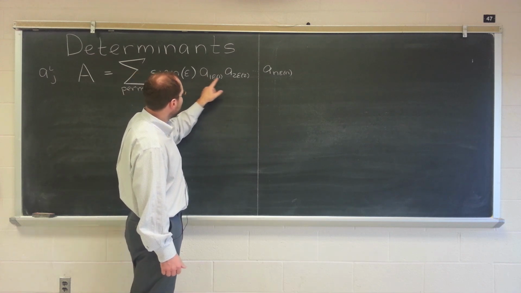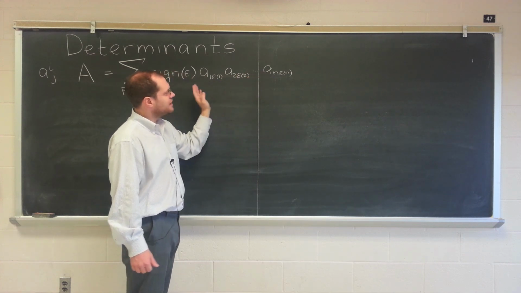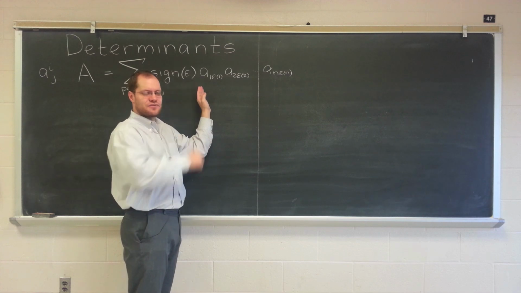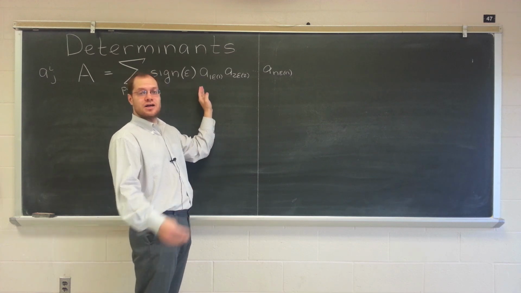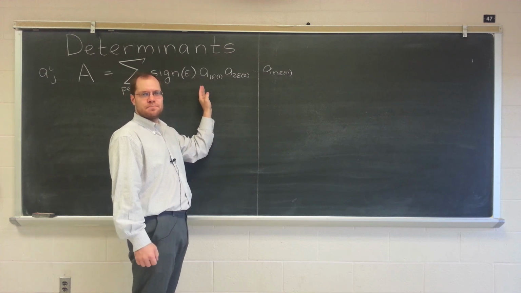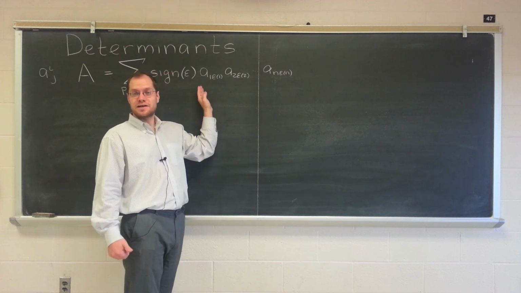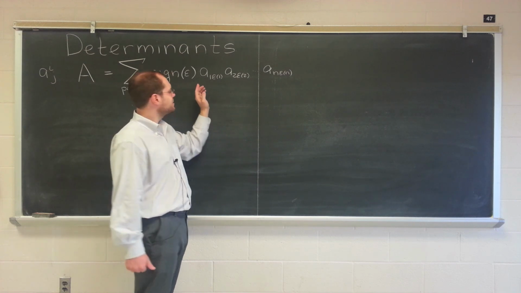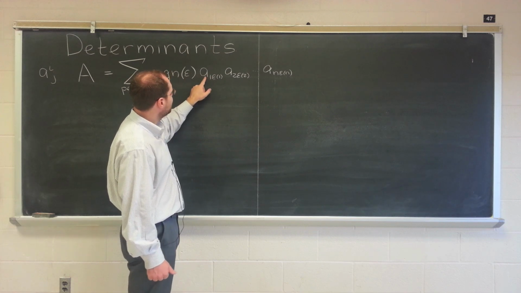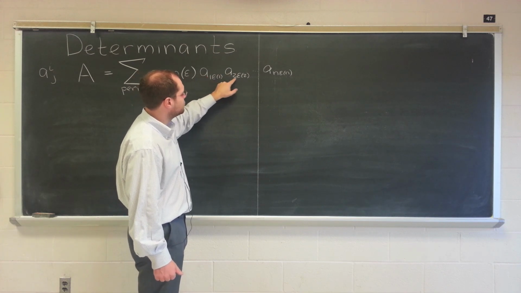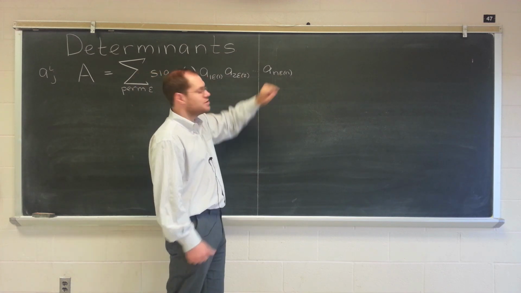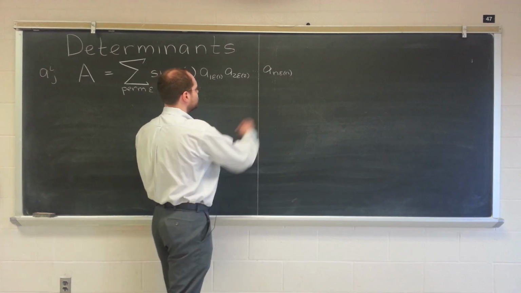So A1, A2, A3, that means we've taken a single element from each row. And then which column is determined by the permutation. So if the permutation is 2, 1, 3 in 3 dimensions, then this term is A1,2, A2,1, A3,3. So that's how this formula reads.